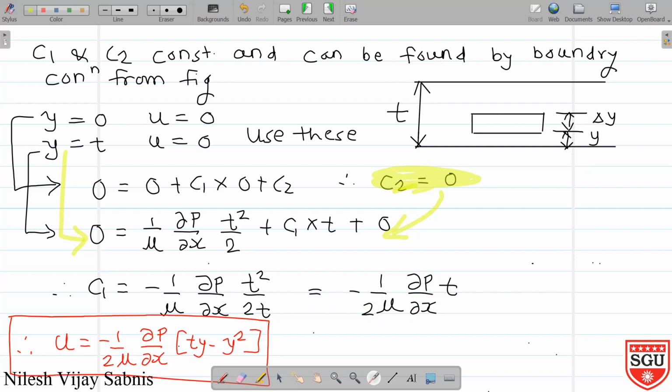Putting the value of C1 in the equation of u and making the simplification, we will get the final equation of velocity distribution. u is equal to minus 1 by 2 mu dou p by dou x into (ty minus y square). And this is the equation for finding out the velocity distribution. In the next part, we will see the ratio of maximum velocity to the average velocity. Thank you.